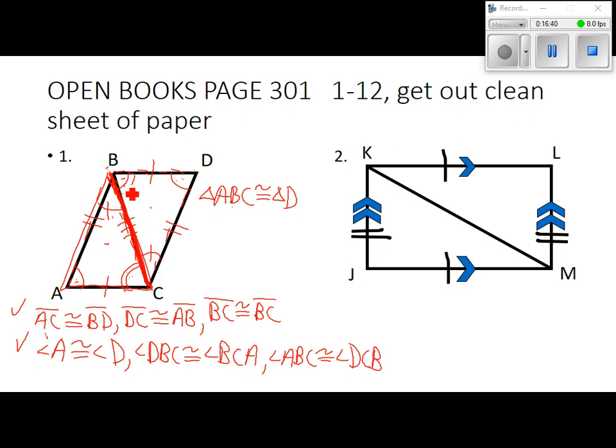B in this triangle matches up to C in this triangle. And then C in the first triangle, you've got to be careful because it sort of switches them around. C in this triangle matches up to B in that triangle. That's our congruency statement. Got to make sure you can match them up every single time.